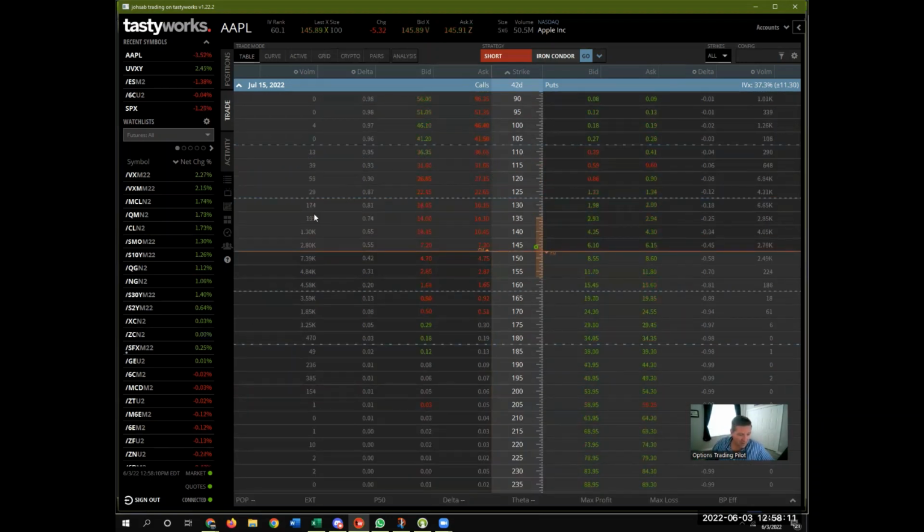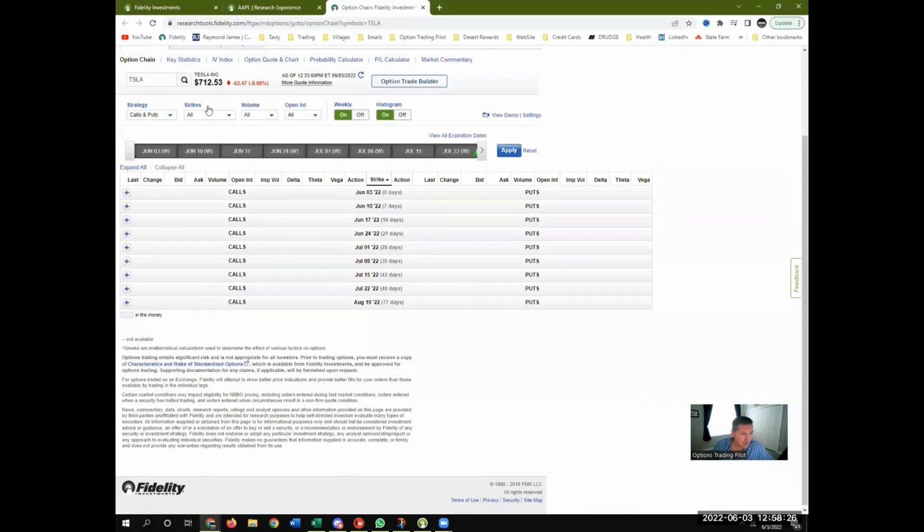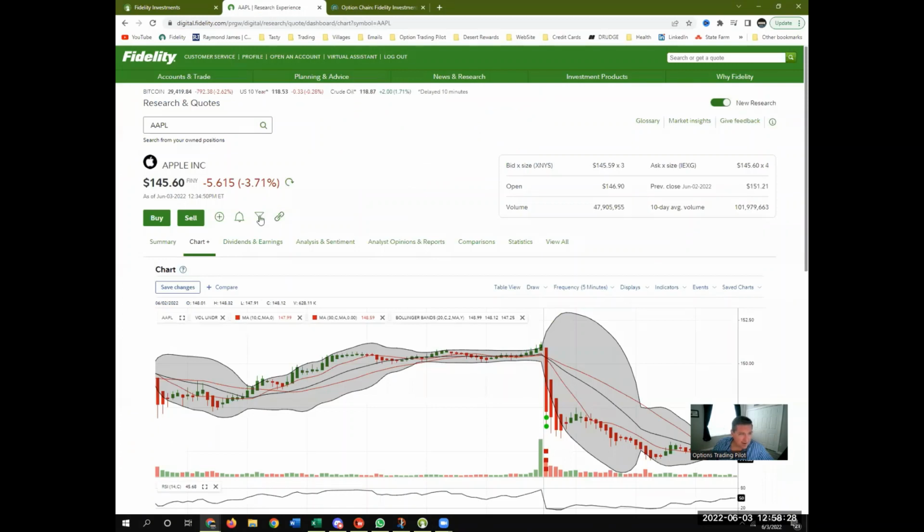So this shows you the volume and the heavy volume, and this is just the volume for today. This shows you how much volume is trading in that stock today. I can show you, let's jump over to, well, I'll stay on Apple so you can see just a little bit more.